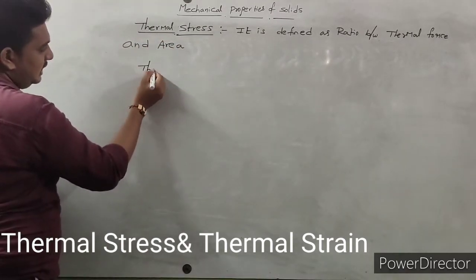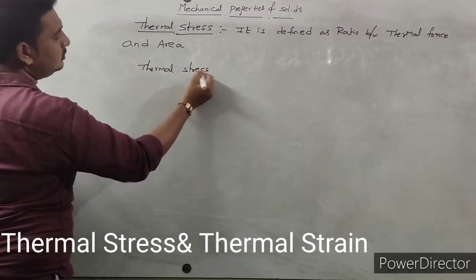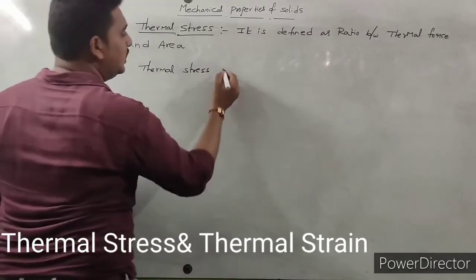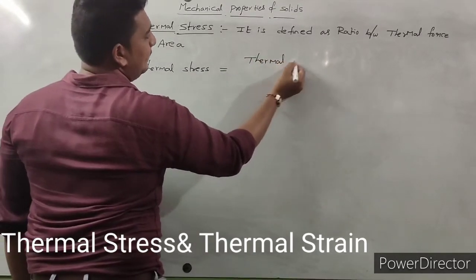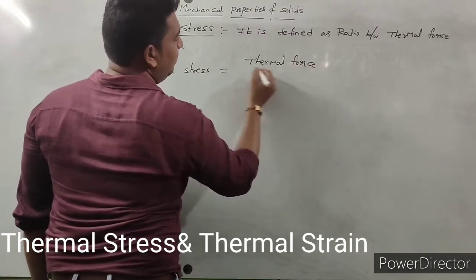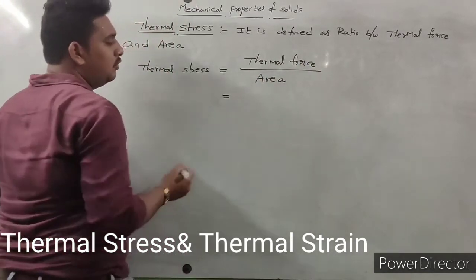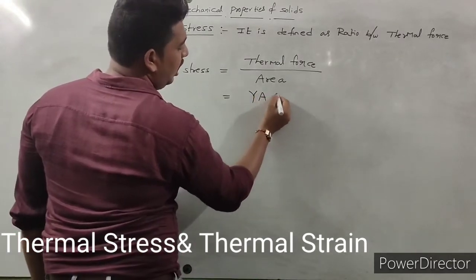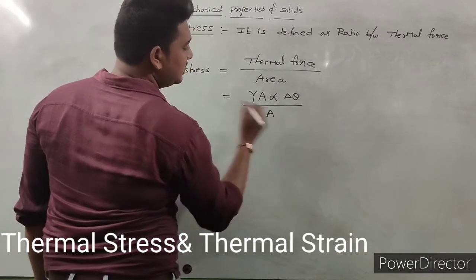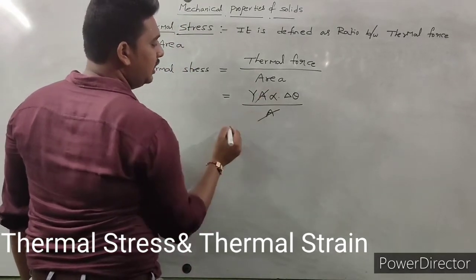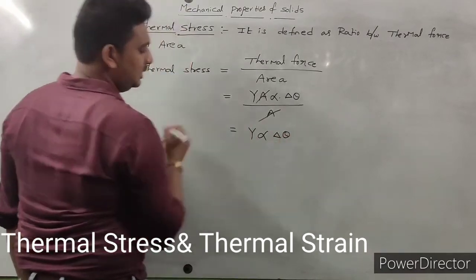So thermal stress is equal to thermal force by area. Thermal force means Y A alpha into delta theta, divided by area A. Here A is cancelled, and finally we get Y alpha into delta theta.